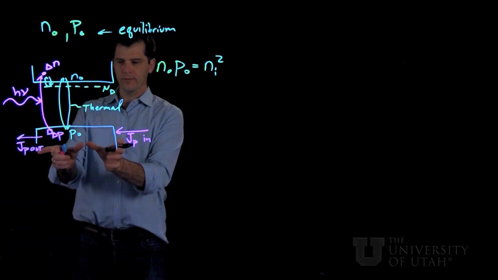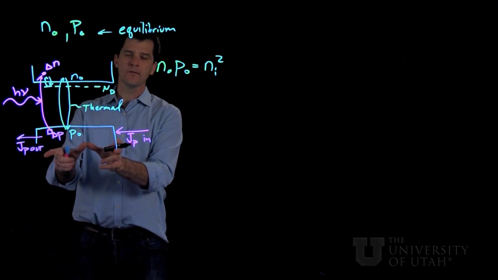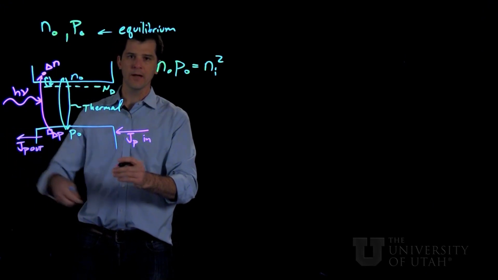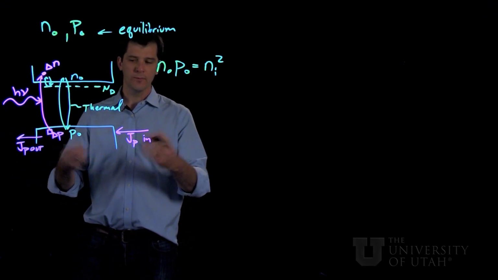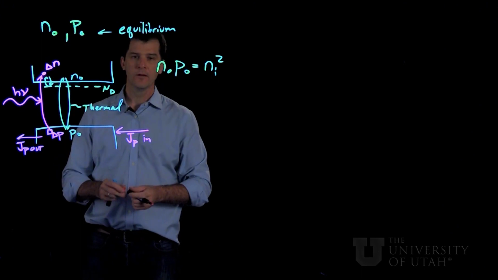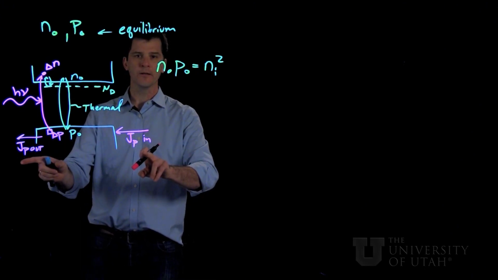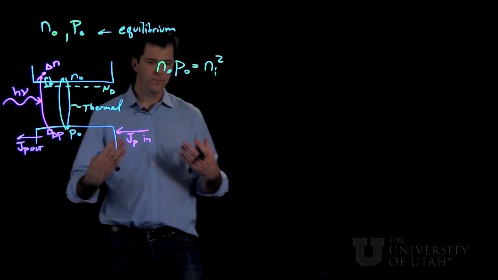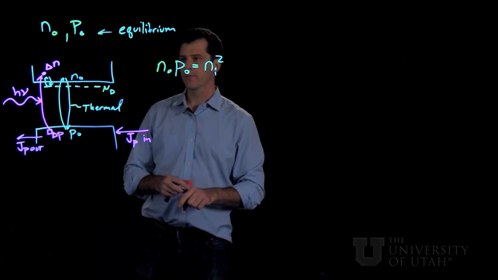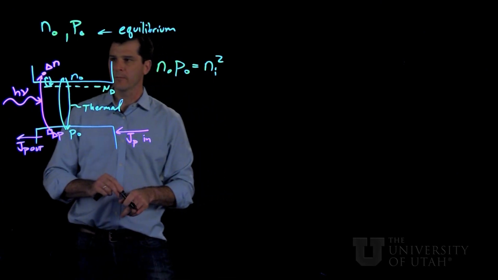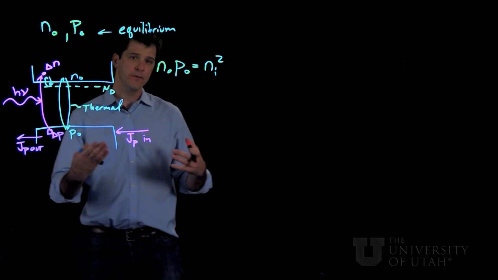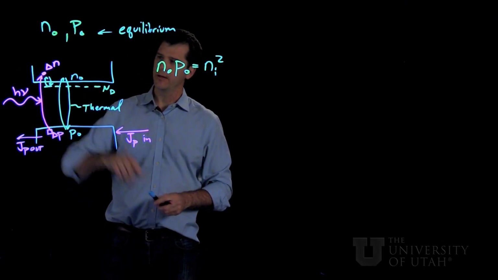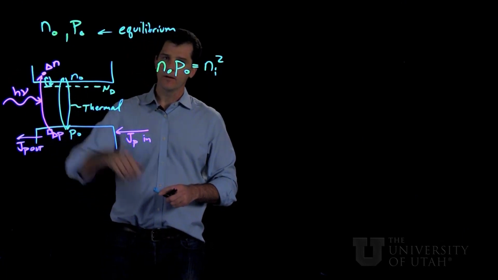So if we have a small region in space of our semiconductor and we have some holes flowing in and some holes flowing out, we can actually build up excess carriers in that region if these two currents are not equal. So we can either move carriers through the semiconductor and accumulate them or drain them, or we can have light shining on the semiconductor.